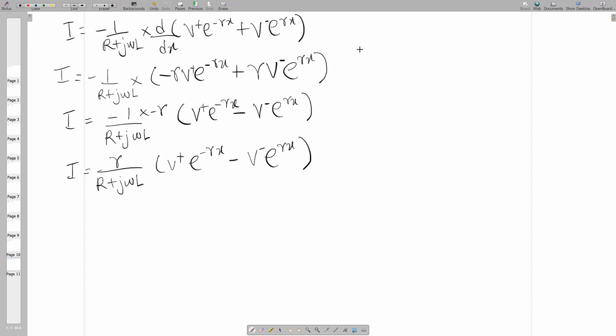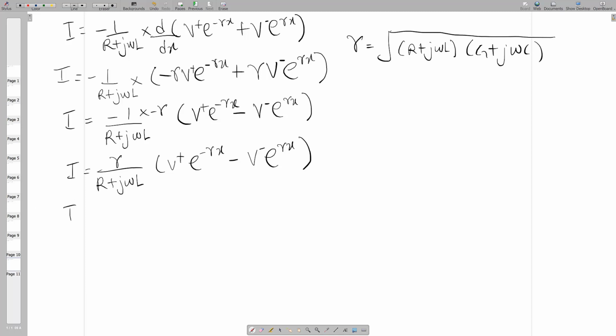But we remember that we proved that gamma was equal to the square root of R plus j omega L multiplying G plus j omega C in my last video. So knowing this, we can substitute this into this equation.